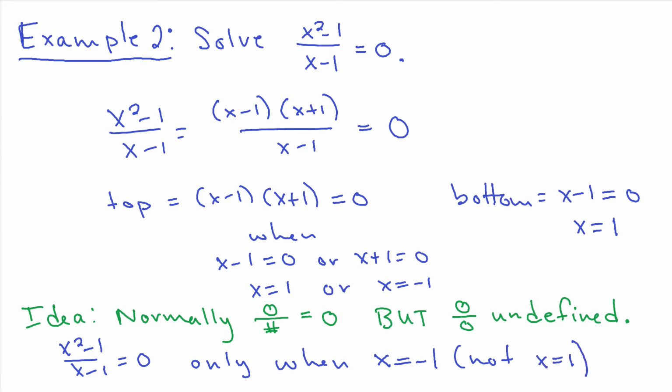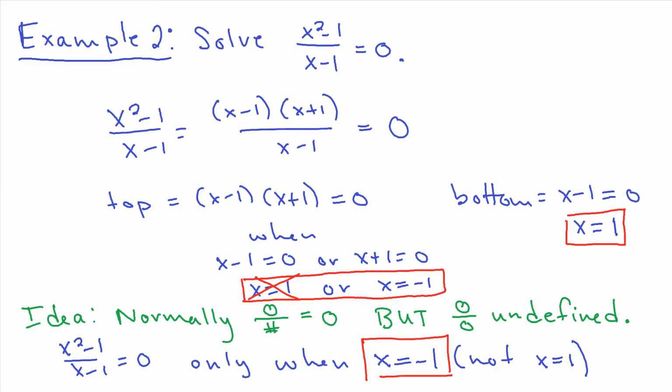So the top is equal to 0 anytime x is 1 or x is minus 1, but the bottom is equal to 0 when x is equal to 1, and that's undefined. So I take that potential solution and I cross it out because that's where it's undefined. So this is our solution, just x equals minus 1.